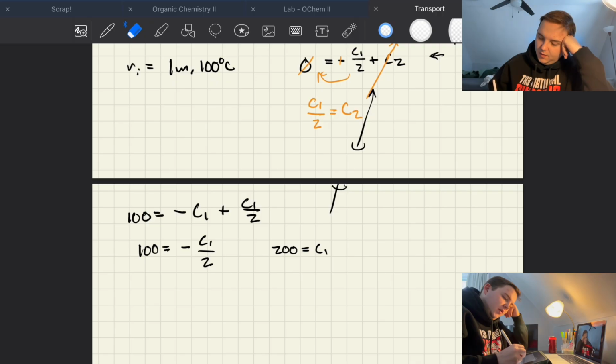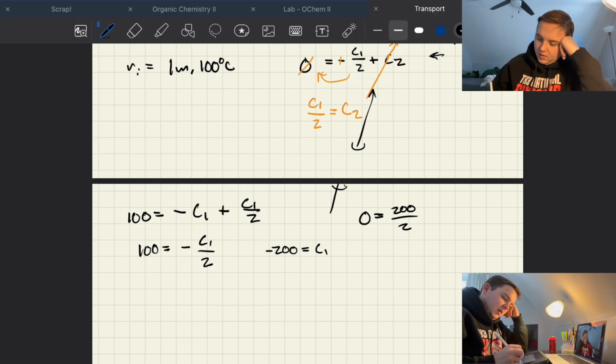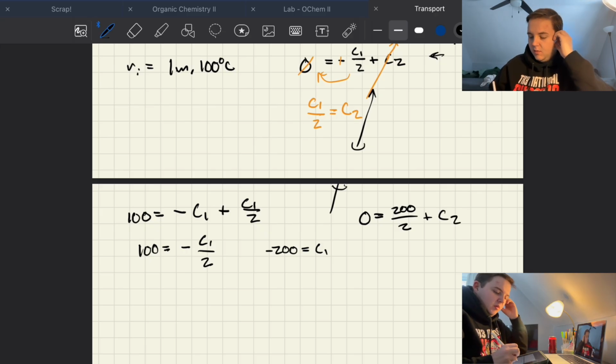So we would have 0 is equal to C1, which is 200, over 2 plus C2. Well, this would be negative, and this would also be negative, so it would make it positive. So we would have C2 is equal to 100.